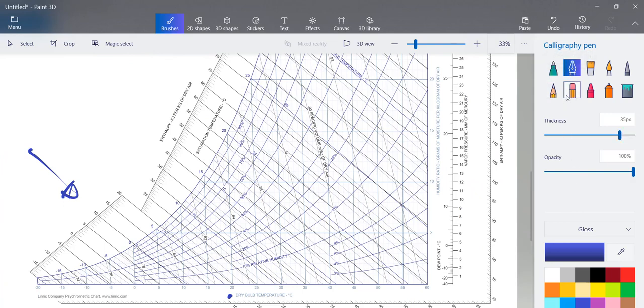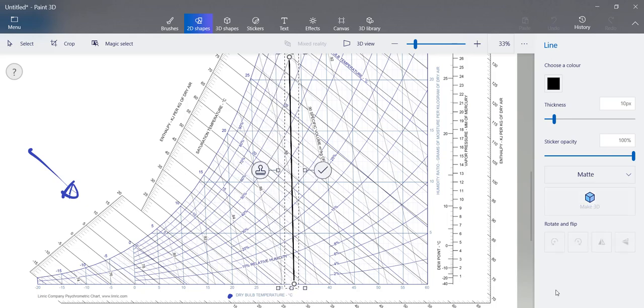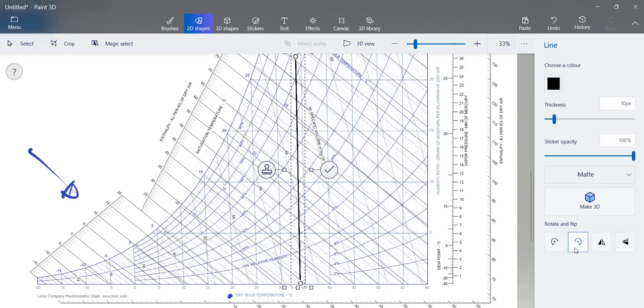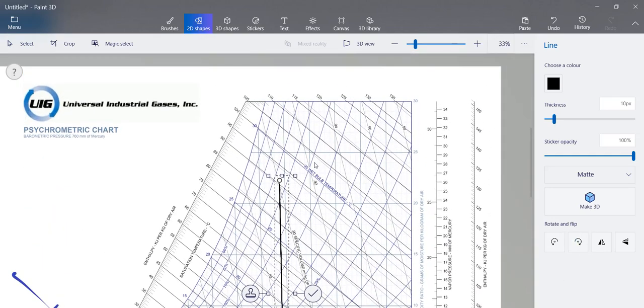Let's plot that one. Let's draw a line going from here, then that is 30, so that it will be parallel to the vertical line going up.